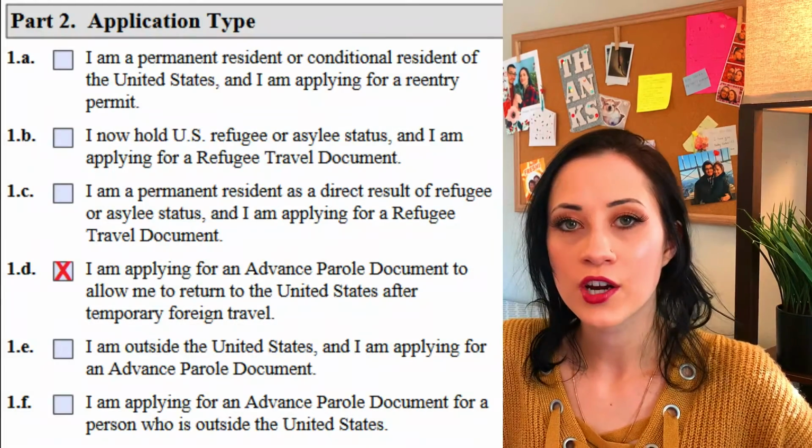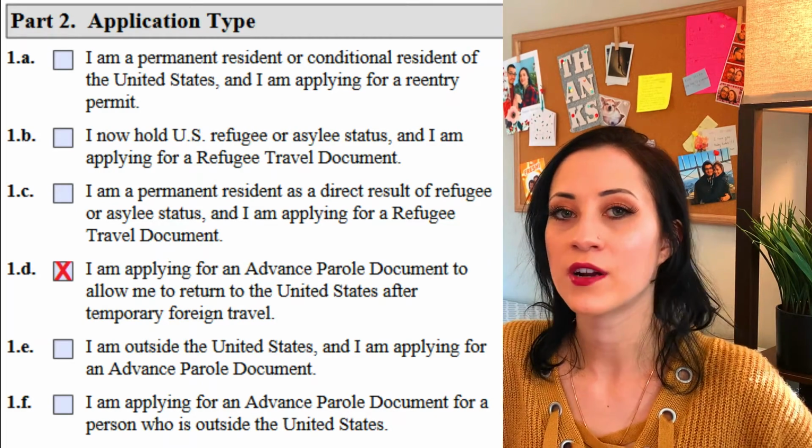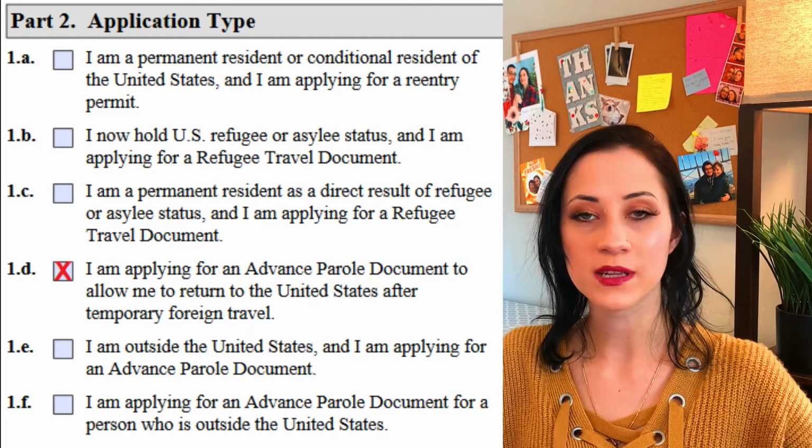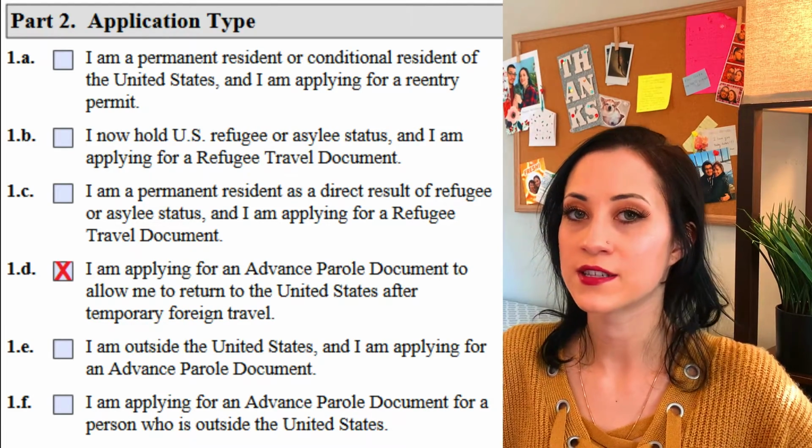Now, let's briefly talk about Form I-131. This one is even shorter than I-765. Form I-131 is also known as Application for Travel Document. If you are currently in the United States and you are submitting this as part of your adjustment of status application, you will be selecting that you are applying for advanced parole.